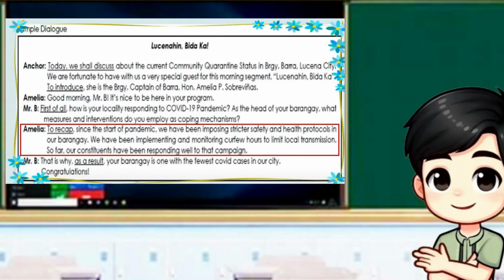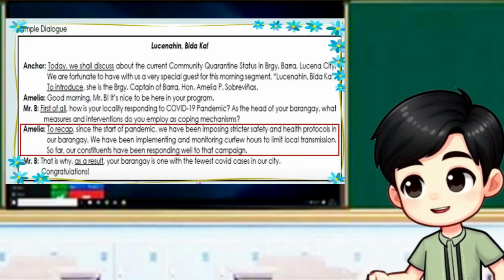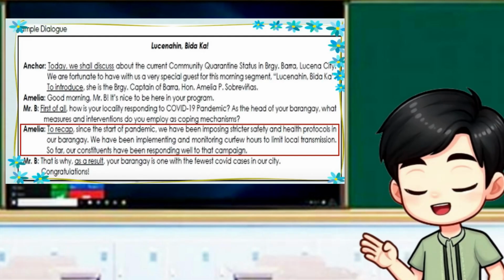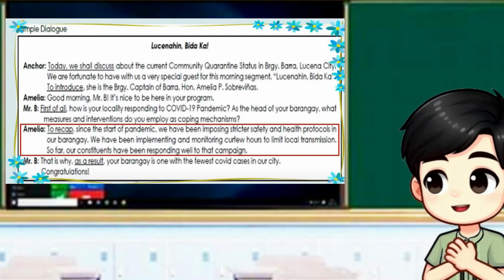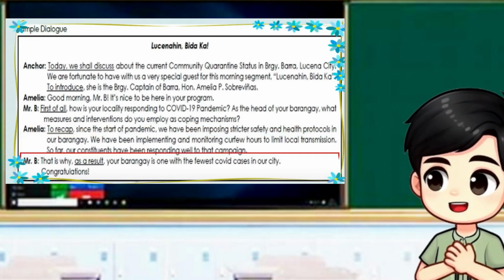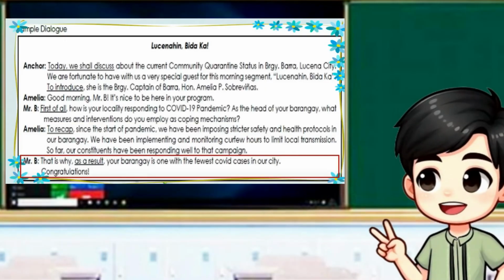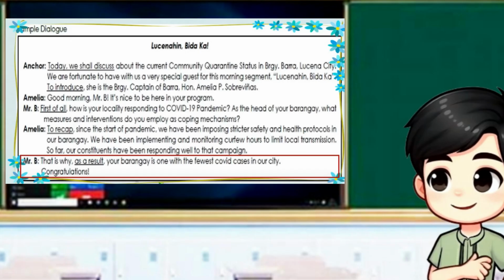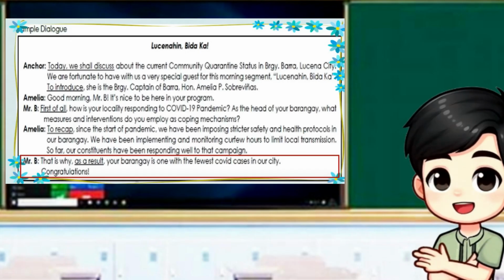We have been implementing and monitoring curfew hours to limit local transmission. So far, our constituents have been responding well to that campaign. Mr. B: That is why, as a result, your barangay is one with the fewest COVID cases in our city.